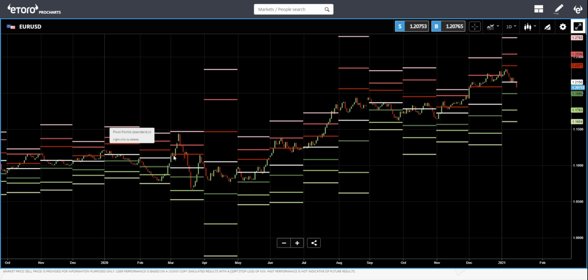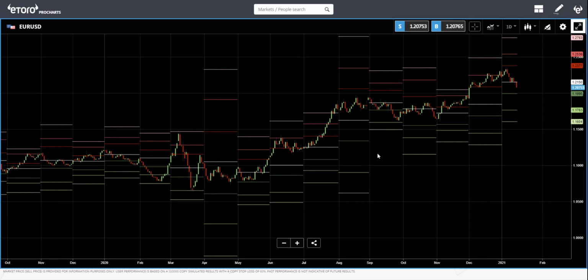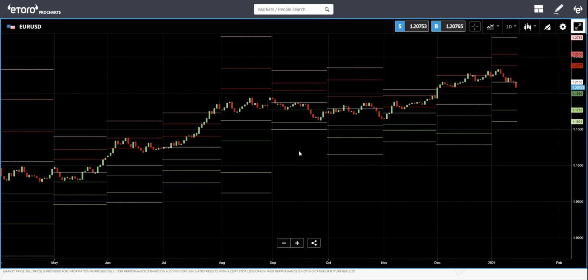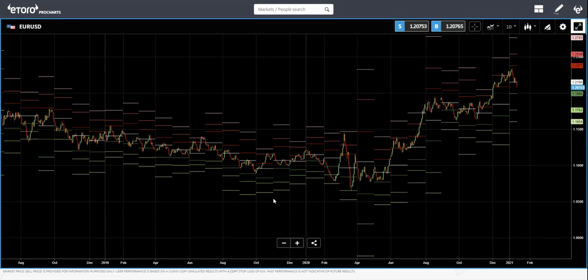Then we can use the resistance and support levels to determine if we're going to close the trade or we're going to keep it running. Yeah, that was a short introduction to the pivot point indicator.